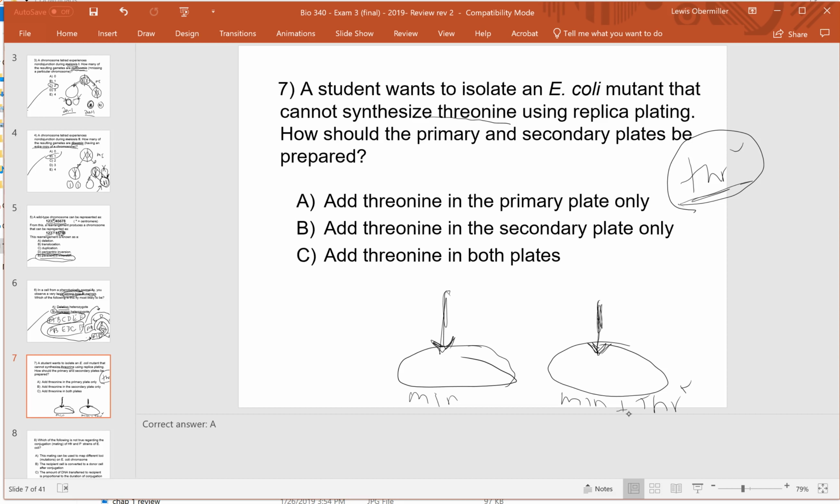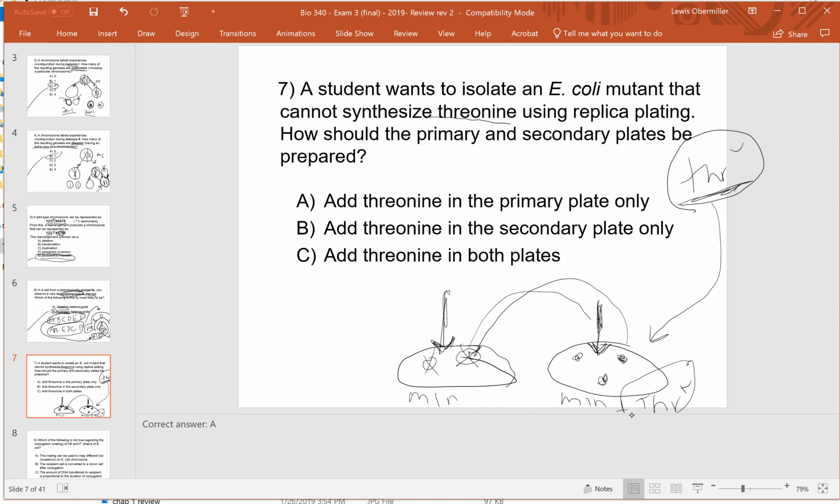If we're looking for a threonine mutant, we have to plate it on minimal media plus threonine, and then we would have the bacteria grow, and then we would replica plate them on minimal media, and the ones that needed threonine wouldn't grow, they'd die.